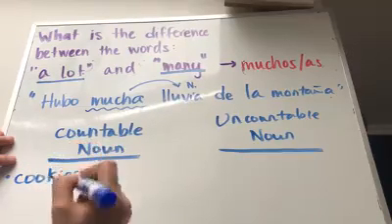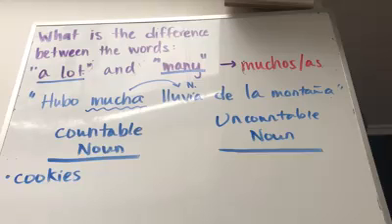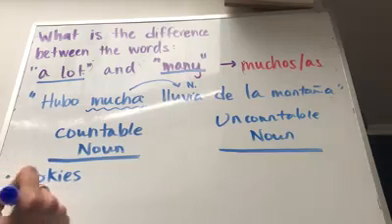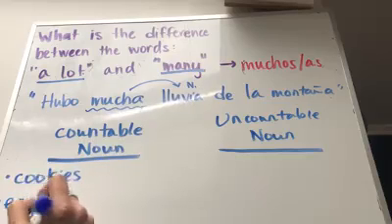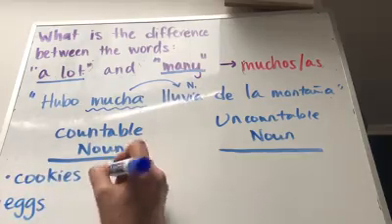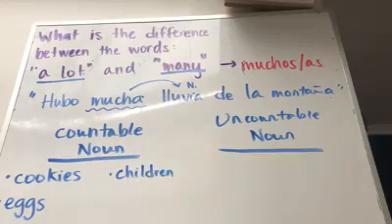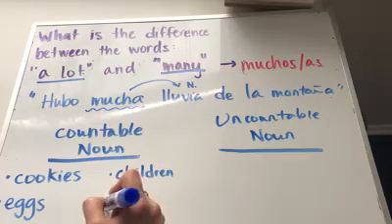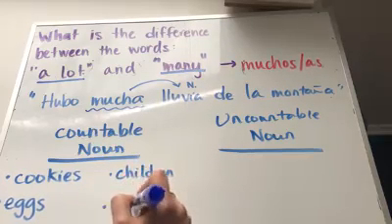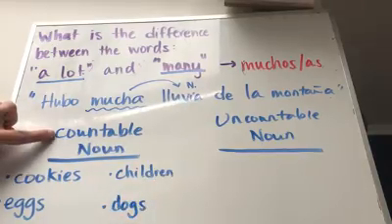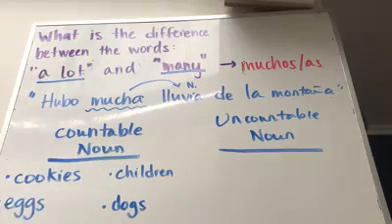We can have 1 cookie, 2 cookies, 3 cookies. We can count eggs, huevos. We can count children. How many children do you have? We can count dogs, perros. These are countable nouns, cosas que podemos contar.